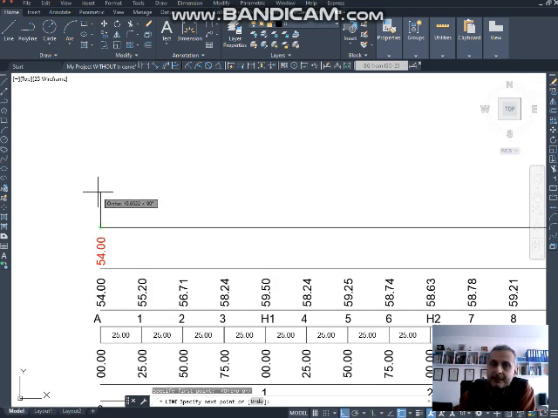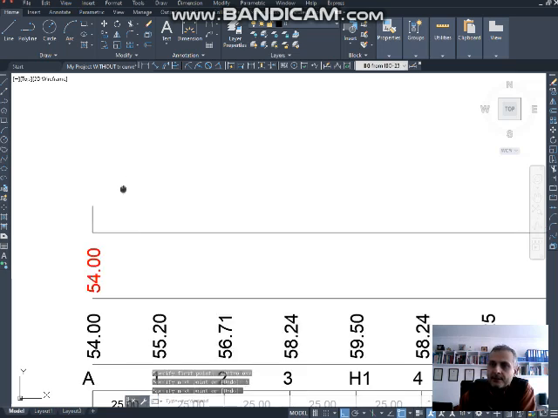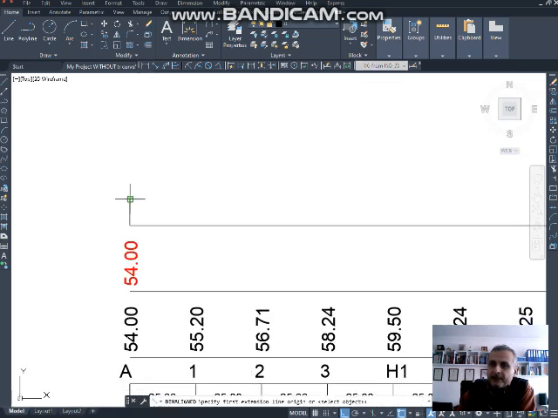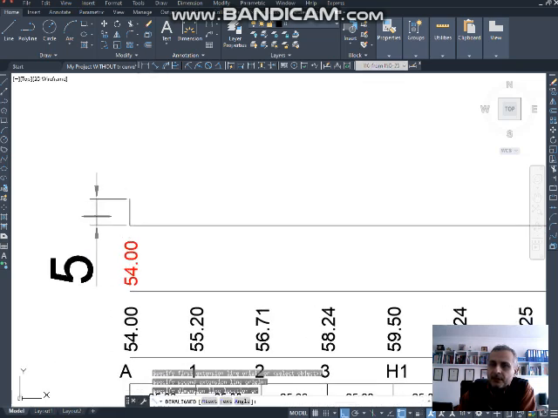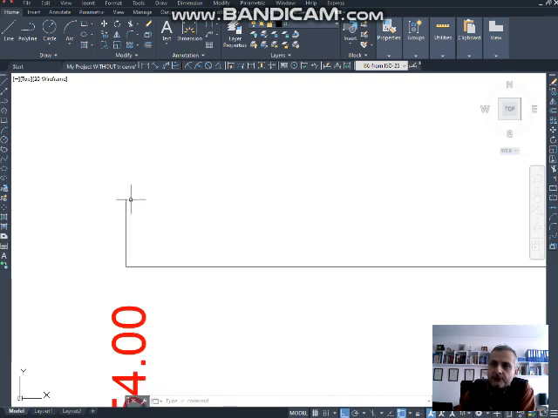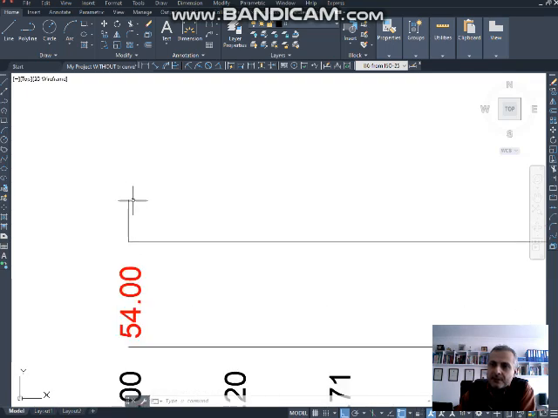Be careful, in 1 to 200 scale 1 meter is 5 units, so type in 5. So this is a 5 unit long line which indicates the elevation of 54 meters at the top of this line.